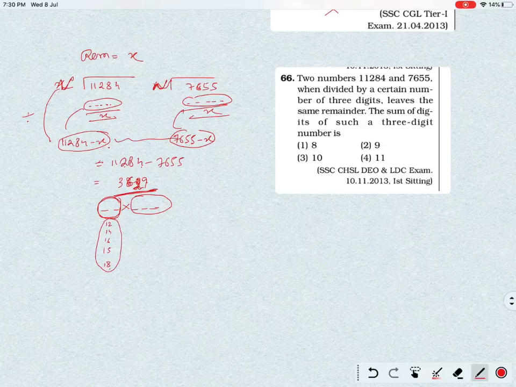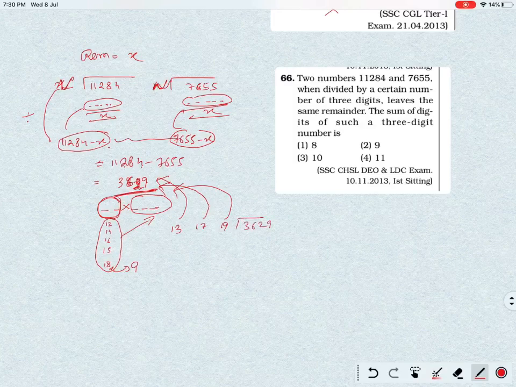These numbers cannot be, because the unit digit will not give us 9 upon multiplying with anything. So we are left with 13, 17, 19. 13 is not a multiple of this, 17 is also not a multiple of this, then we are left with 19.